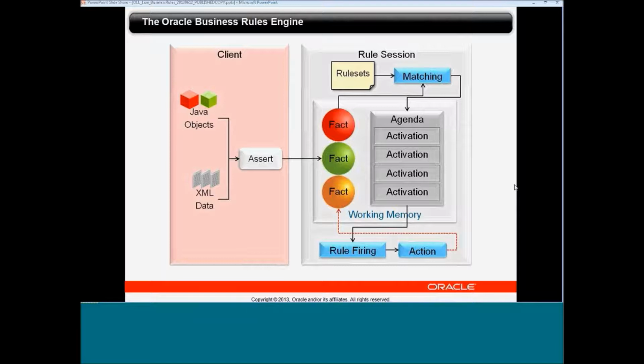So changes are made directly to facts. And if any facts are added or changed or deleted, the matching, activation, firing, and action cycle happens again. So this is cyclical until there are no further matches which yield no further actions. So that's the basic operation of the business rules engine.